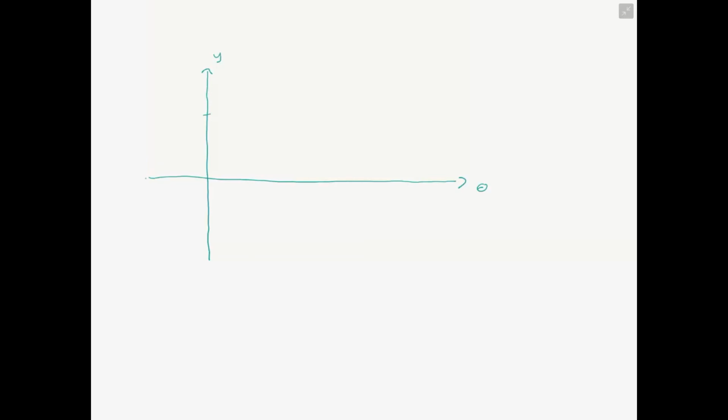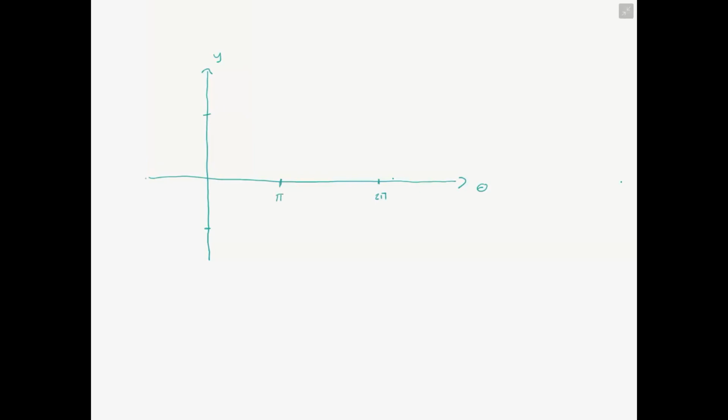Where we have theta and y, and this is 1 and minus 1. And we have pi, and let's make it as easy as possible.